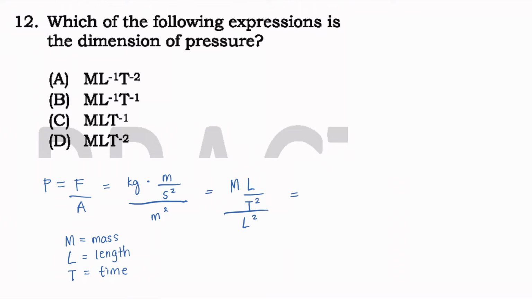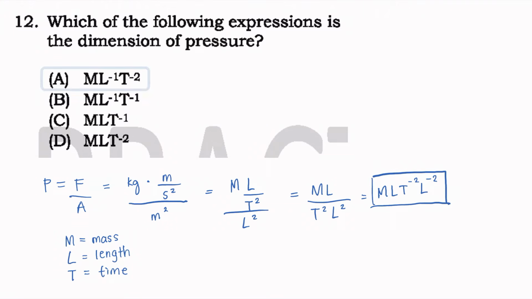We can simplify this as ML over T squared L squared. Equal din yan sa mass times length times time raised to negative 2 times length raised to negative 2. So, ito yung final answer natin.